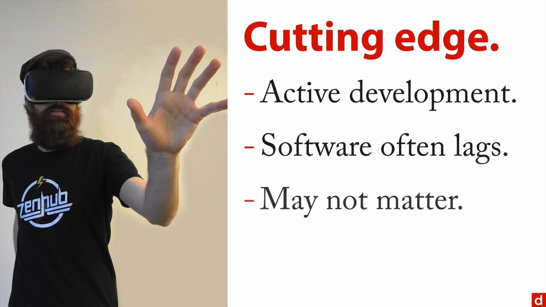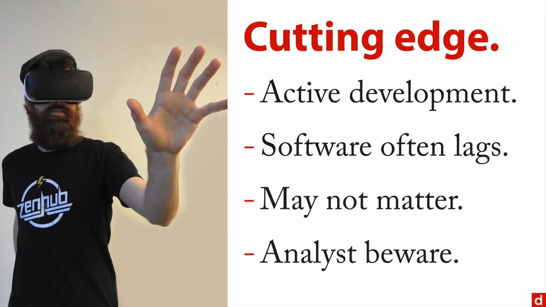What's funny, though, is often these cutting-edge developments don't really make much of a difference in the results of the interpretation. They may in certain edge cases, but usually not a huge difference. And so I'm just going to say, analysts beware. You don't necessarily have to do them. It's pretty easy to do them wrong. And so you don't have to wait for the cutting edge.